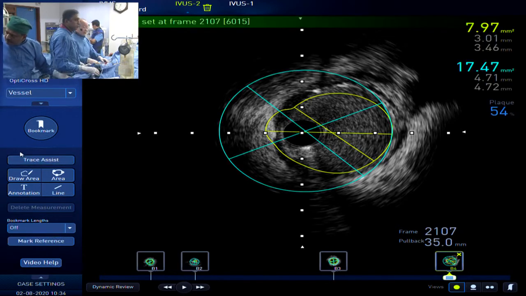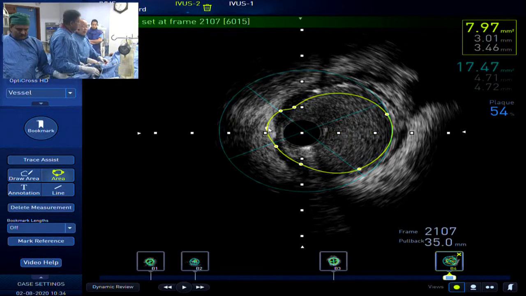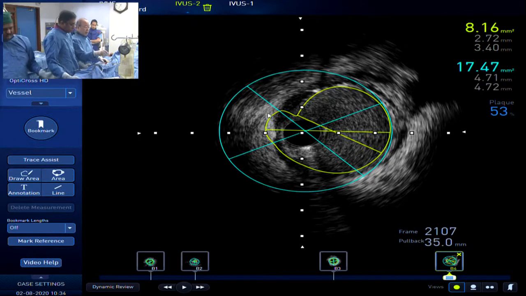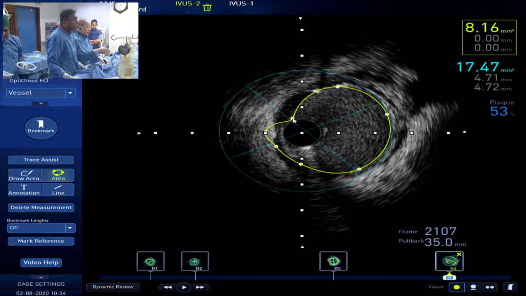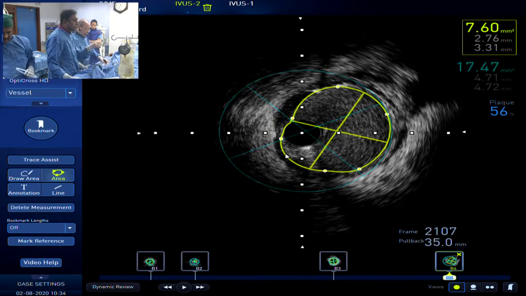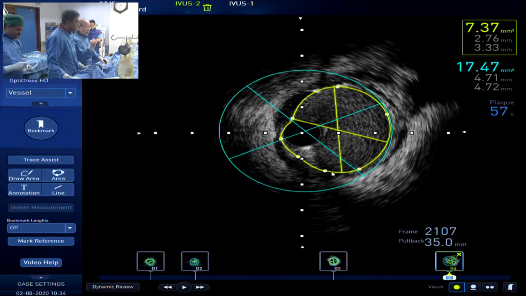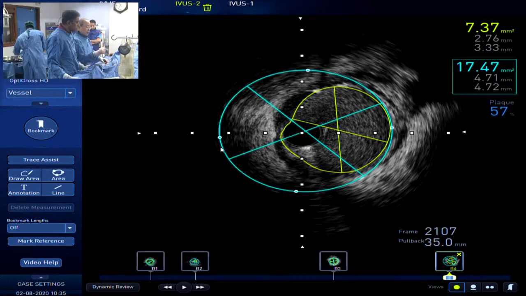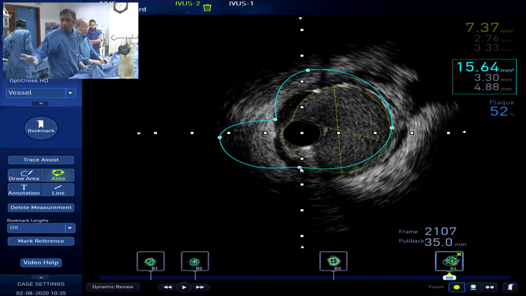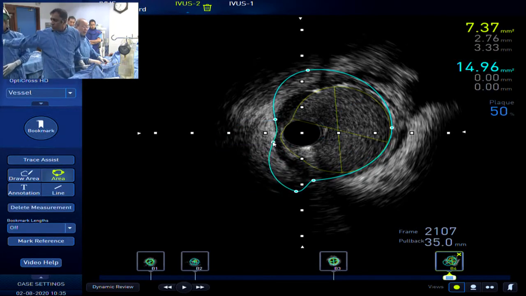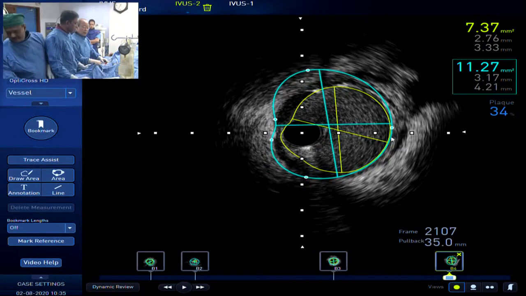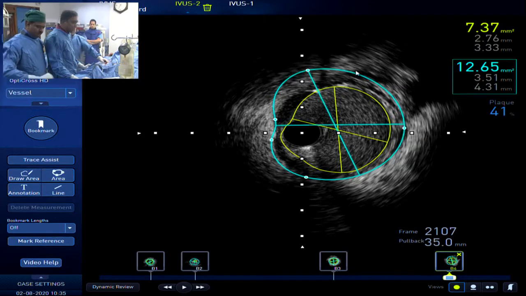Yes, we do IVUS very often for CTO, but even if the wire is still remaining in subintimal space, we do not stop inserting the IVUS catheter into those regions. My question was how often have you seen evidence of an effusion with the intravascular ultrasound? Not so much.